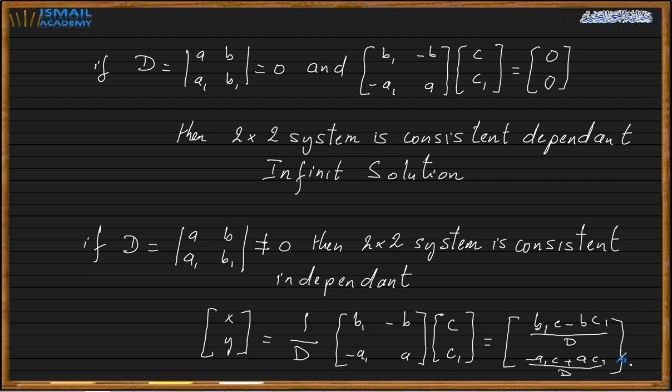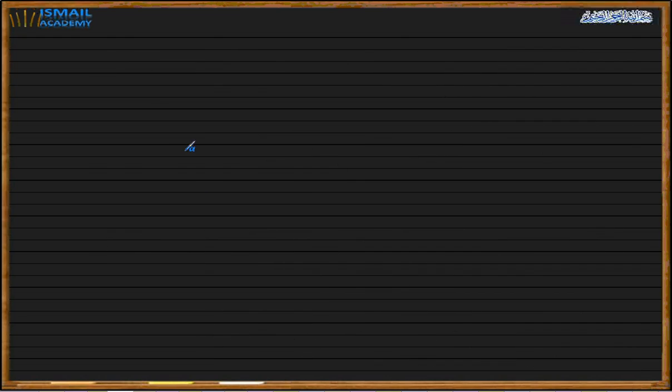So now let's do some practice. Suppose I want to solve this system: 4x minus y equals minus 7, and minus 4x plus y equals 28.